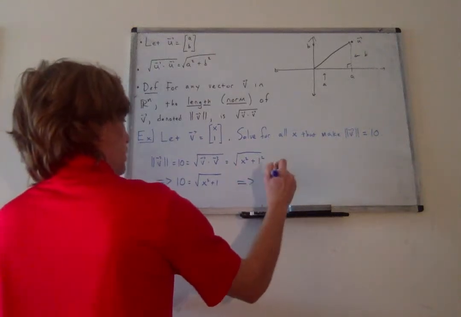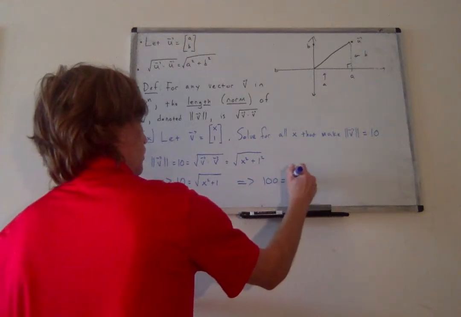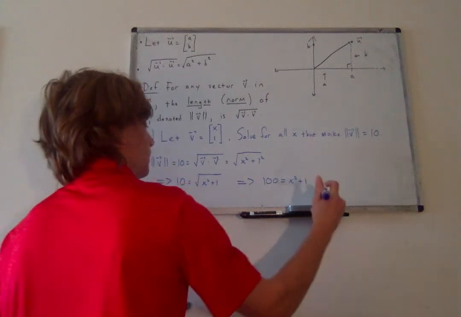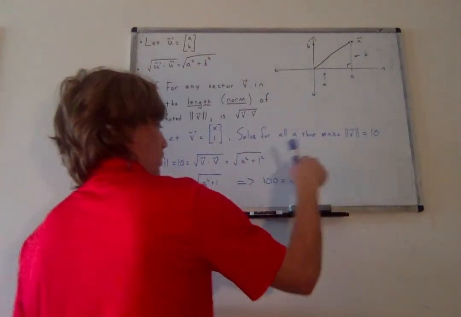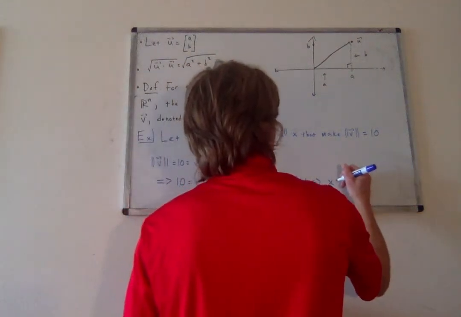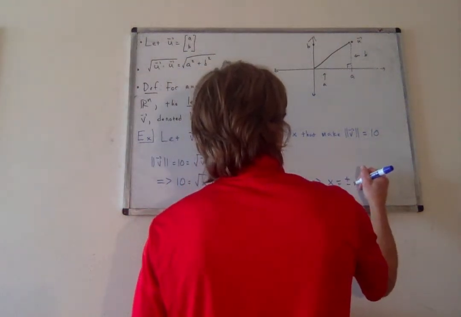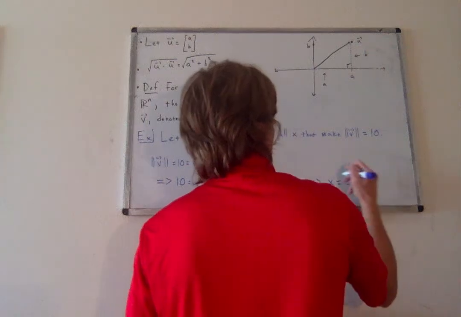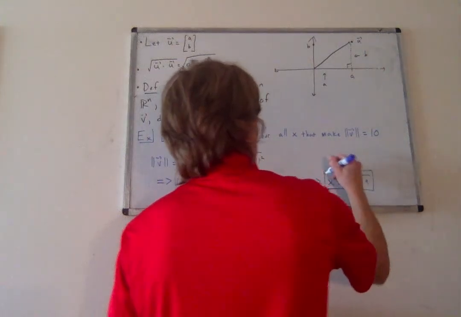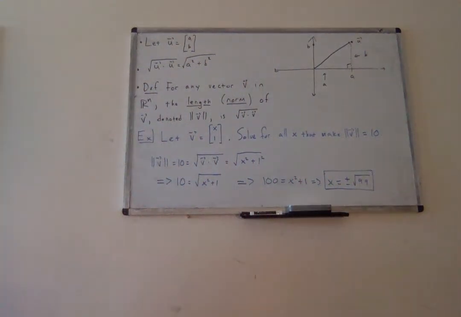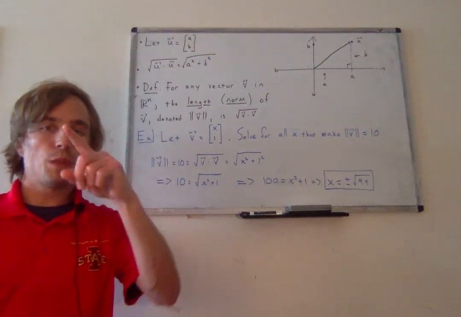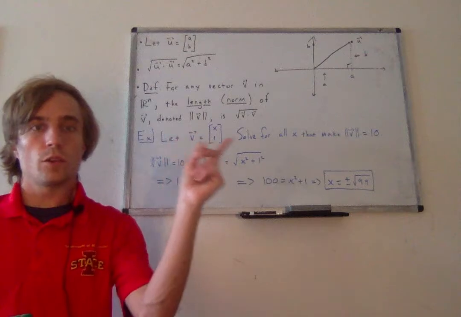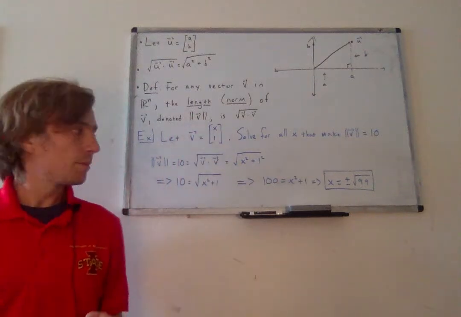Squaring both sides, we get that 100 is equal to x squared plus 1. Then subtracting 1 and taking the square root again, you'd get two values of x that give v a length of 10, specifically positive 99 and negative 99 (square roots). So notice basically that the vector could be pointing one way or the other and have the same length.